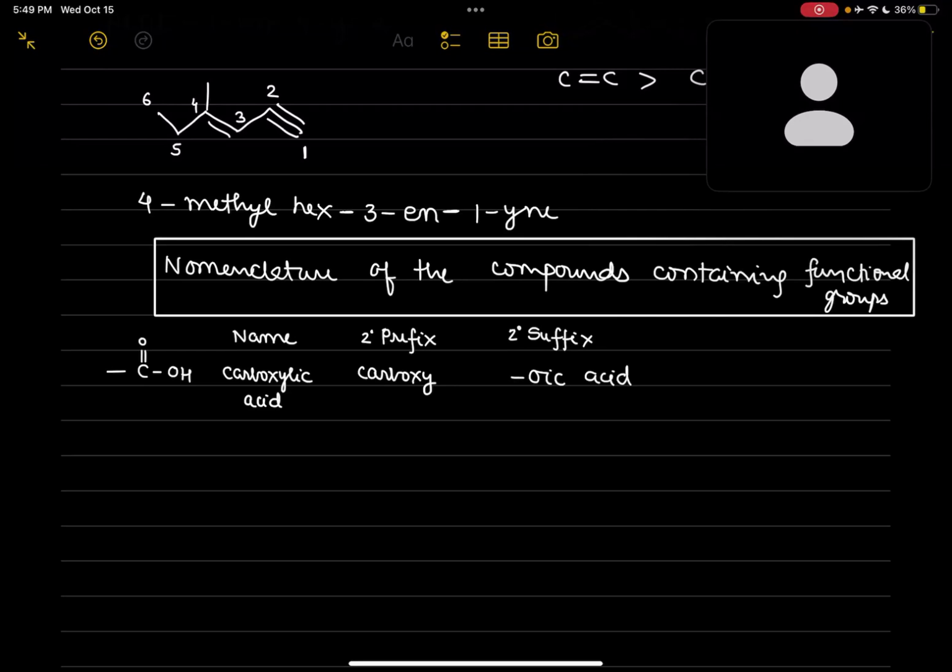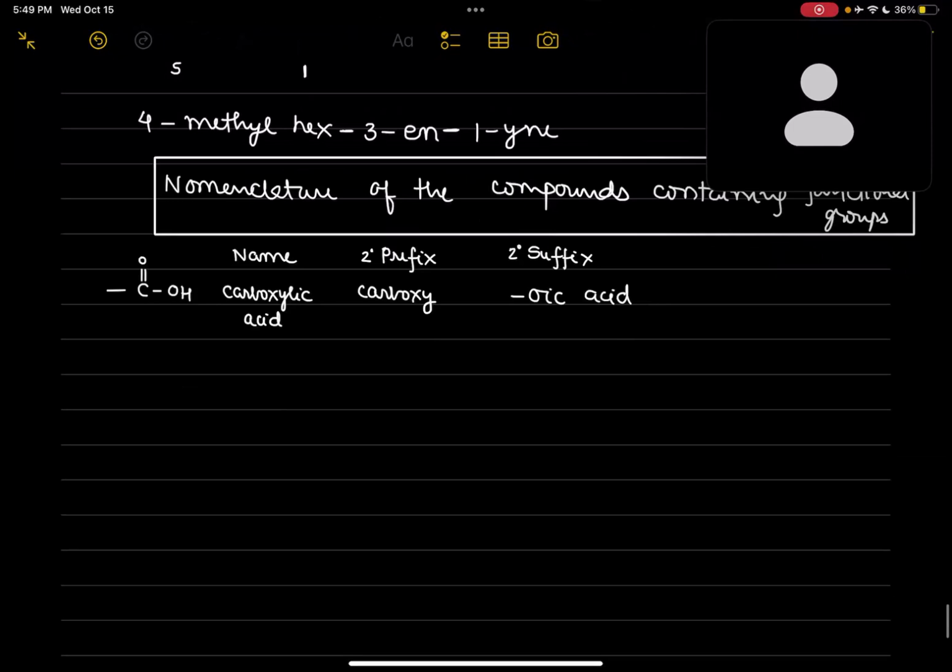So each functional group, most of them, are having two names, prefix and suffix. Normally your duty should be to remember the suffix. Got it? Yes. So your first duty is to remember the suffix.